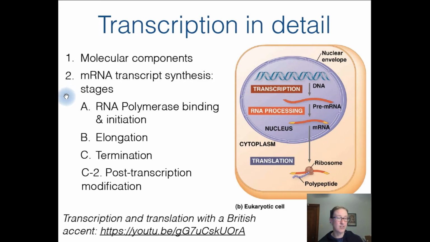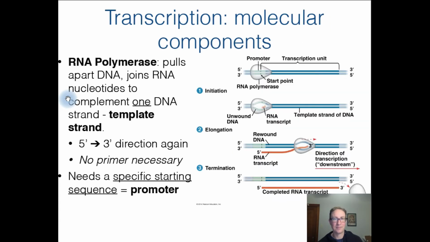Those three stages are RNA polymerase binding and initiation, then elongation, and then termination. I'll also note that there's another quick animation that illustrates this process with a nice British accent that's linked in the lecture slides.